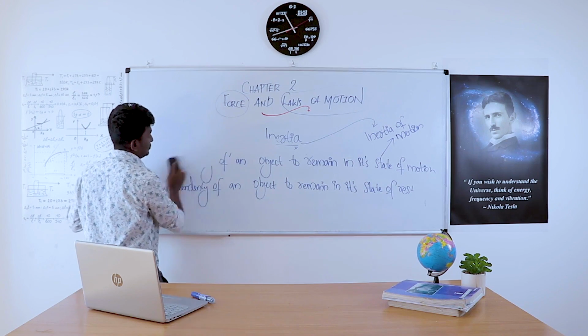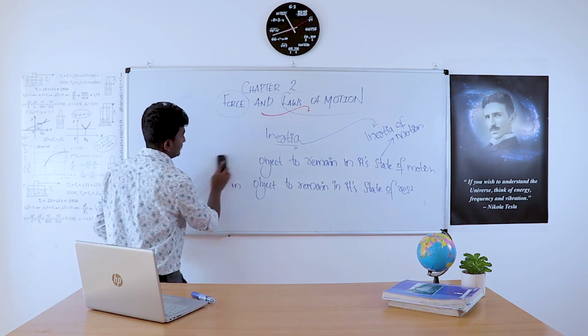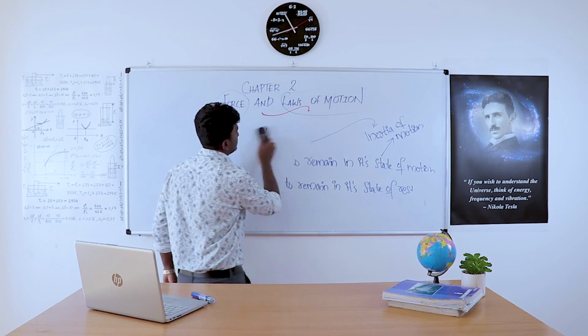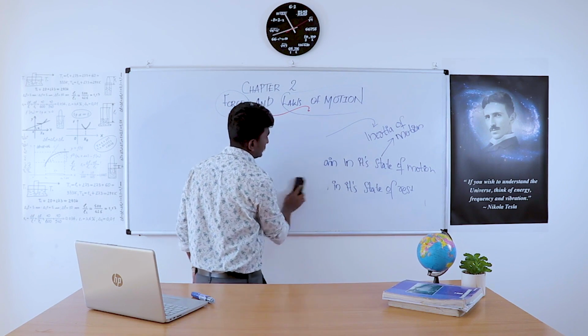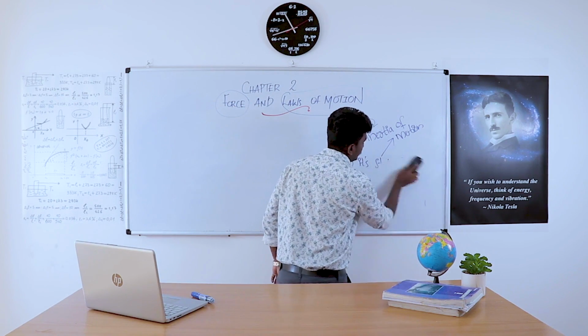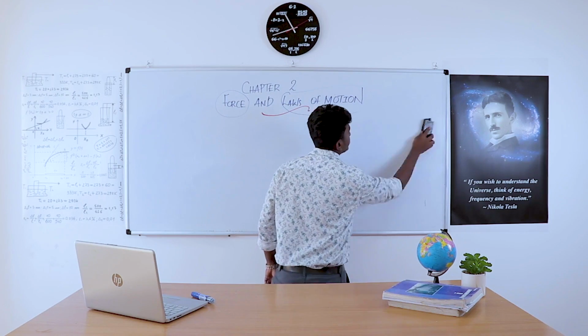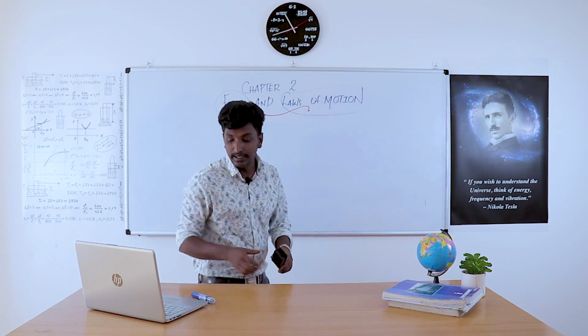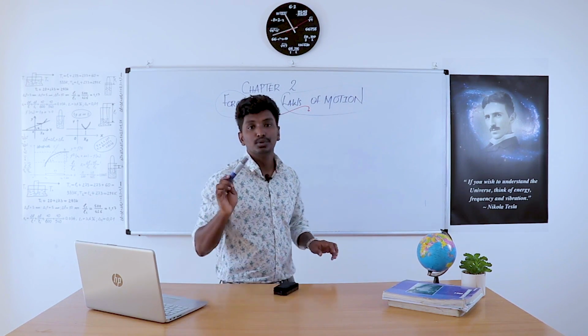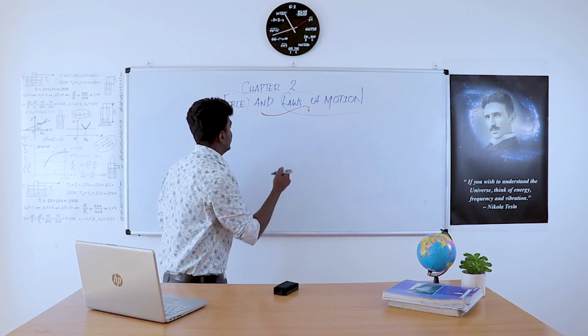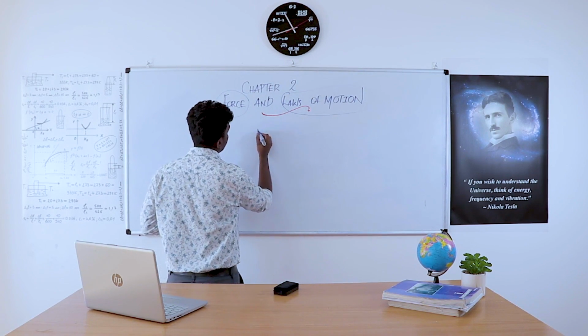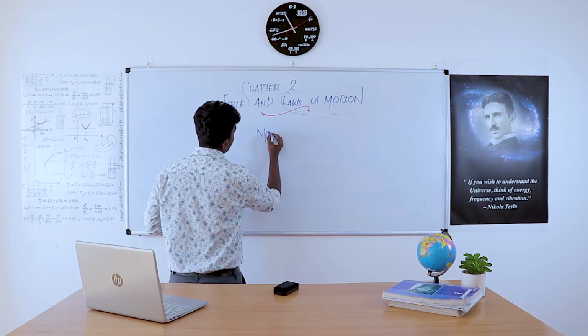For studying Newton's second law of motion, we must understand a term called momentum. After defining momentum, we can go through Newton's second law of motion. First of all, I am defining what the term momentum is.